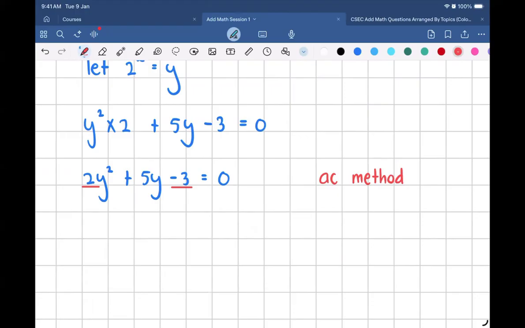Negative 6. Negative 6. Now, it's the exact same scenario as last time. How could you add to get plus 5, but multiply to get minus 6? Tell me, Shay, what can you multiply to get minus 6, but add to get plus 5?